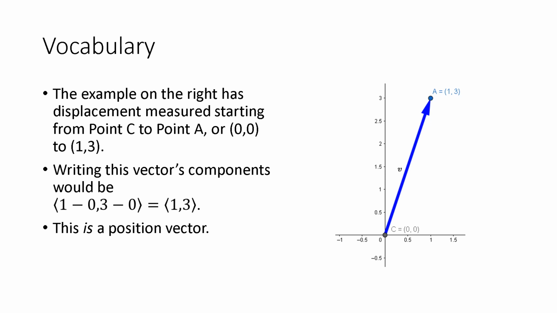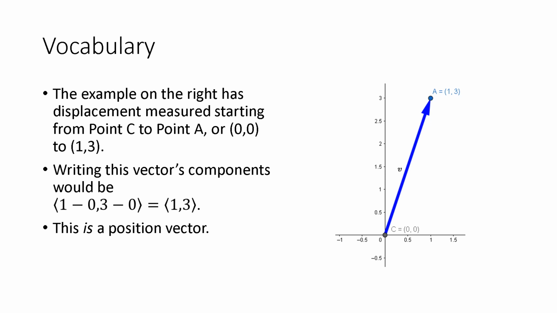So an example on the right has displacement measuring from point C to point A, from (0, 0) to (1, 3). So writing this vector's components would be 1 minus 0, the difference in the first components, and then 3 minus 0, the difference in the second components. But order matters in this case because when you are finding the displacement, you always start at the terminal point and subtract the initial point.